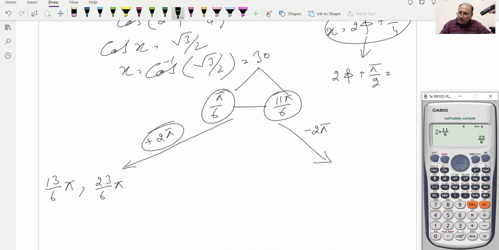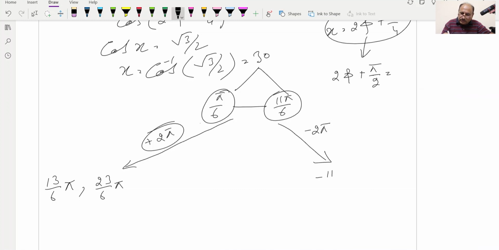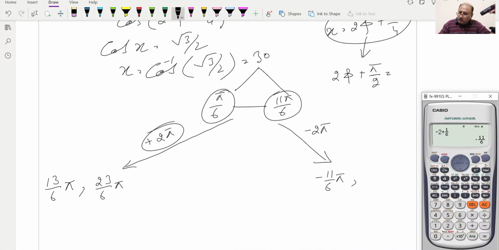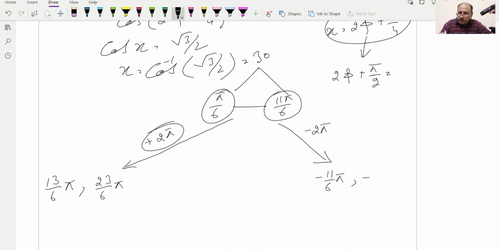So if we subtract 2, minus 2 plus 1 over 6, this will give us minus 11 by 6 pi. And the second value, 11 by 6 over here, will be giving us minus 1 over 6 pi.